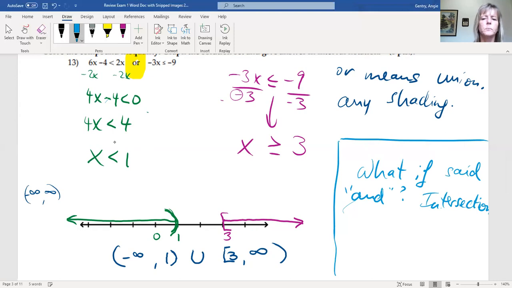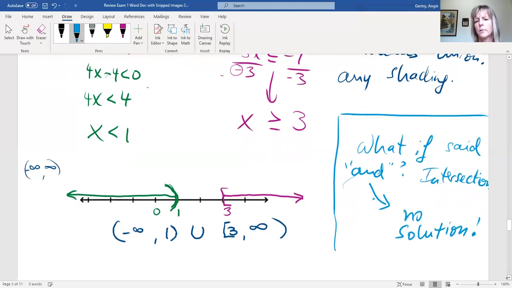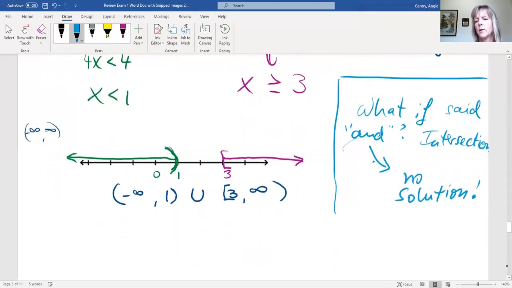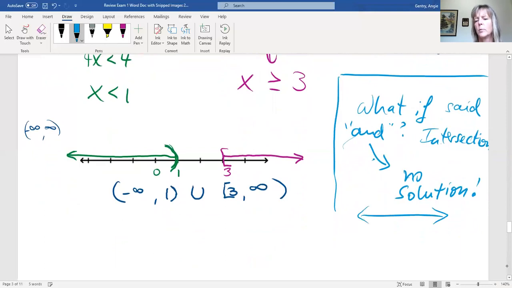"And" means double shading. Where do you see double shading in here? Nowhere, you see? Intersection means where do they meet? So if it said "and," you would say no solution. So it depends on that one little word. The graph is the same at first, but in this case the final answer graph would be just a blank.